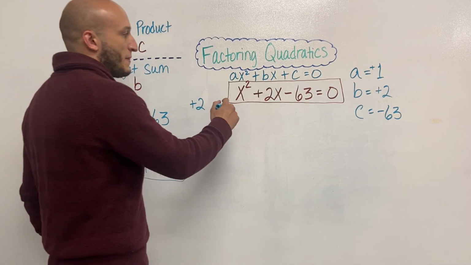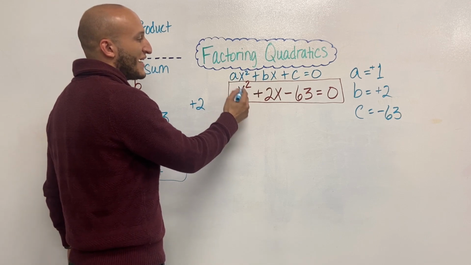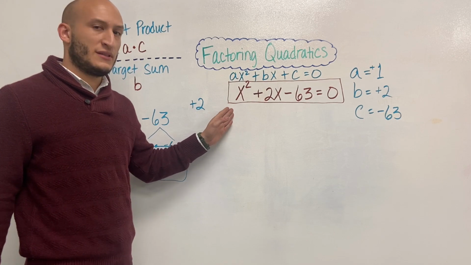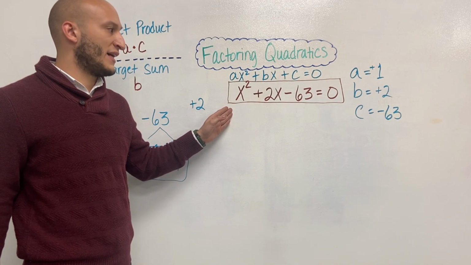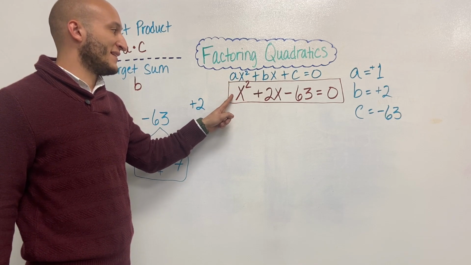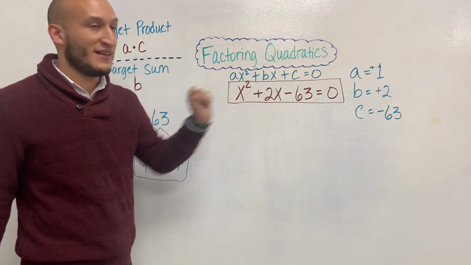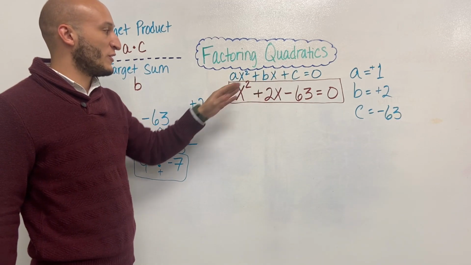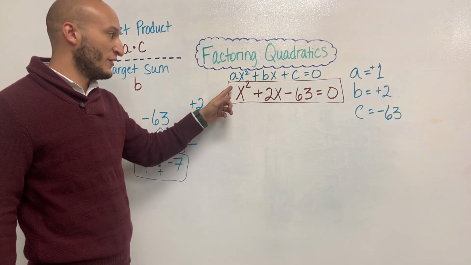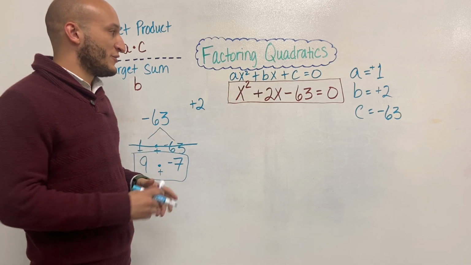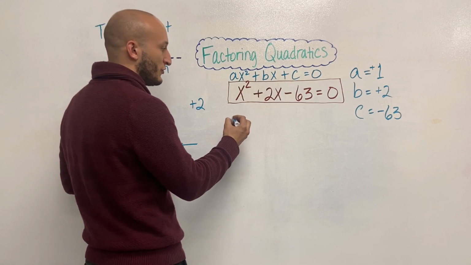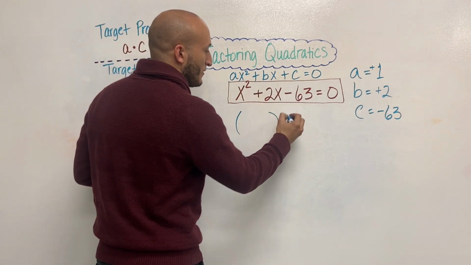Now, in your homework, all the problems you'll be asked to factor will have 1 as the leading coefficient, as A. So x squared will always have a 1 there. These are the basic ones, so I can go straight into my factoring.